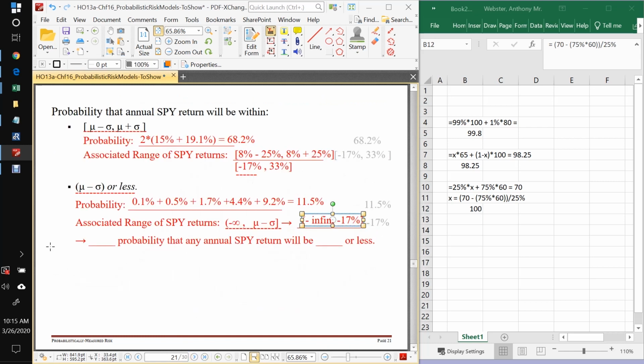So how do we want to describe this in words? This is extremely helpful and important. We want to say something like this. We want to say that there is an 11.5% probability that our annual SPY return will be minus 17% or less.